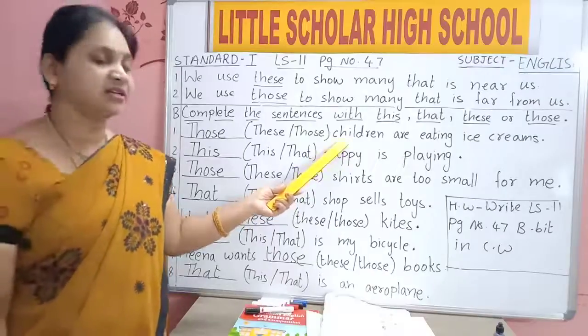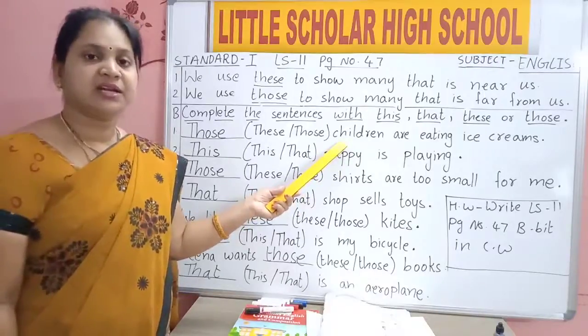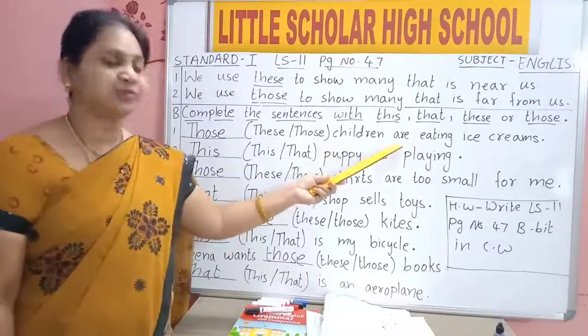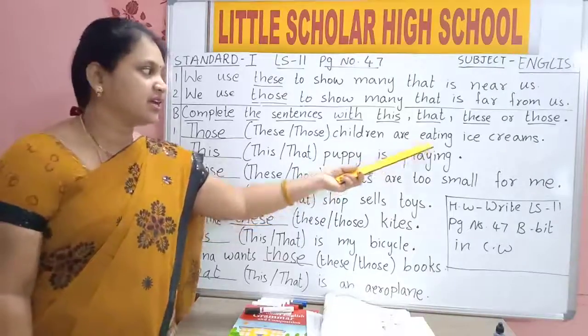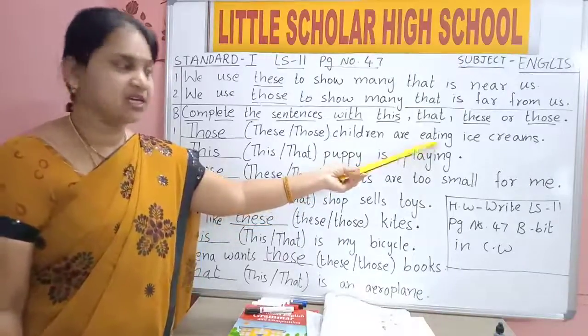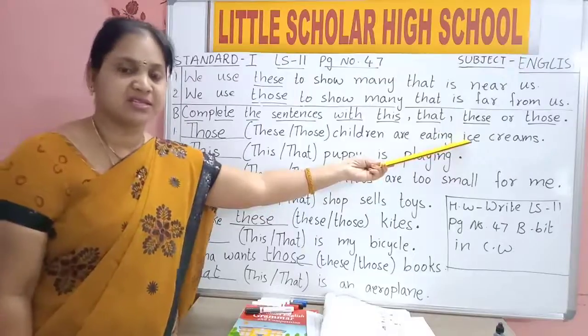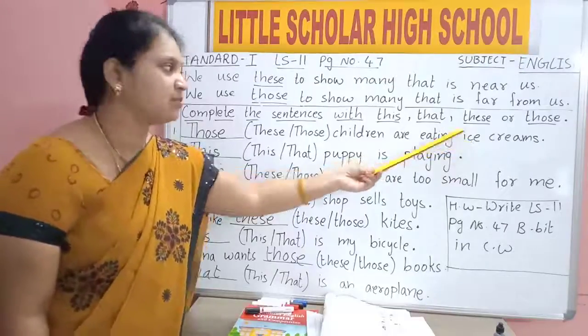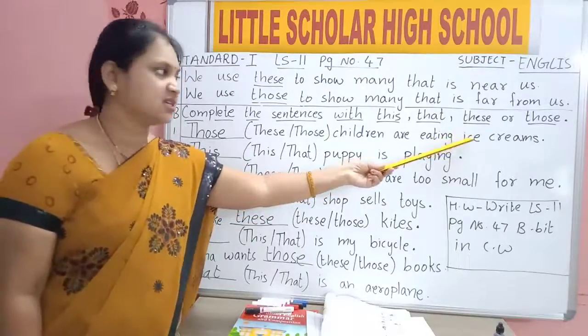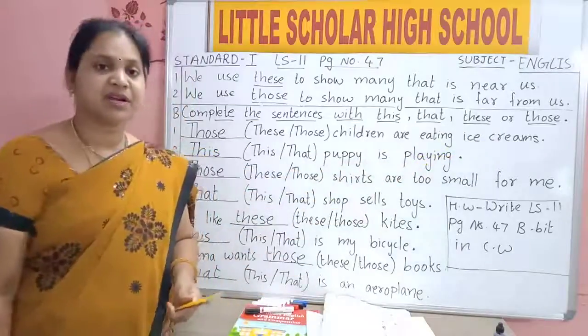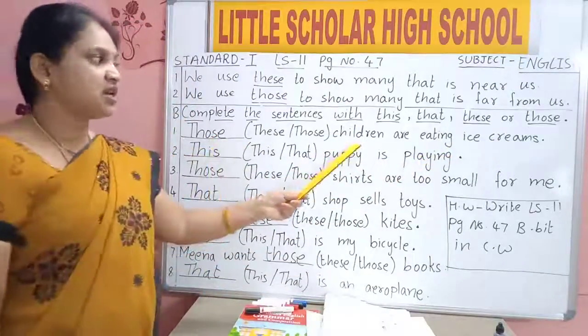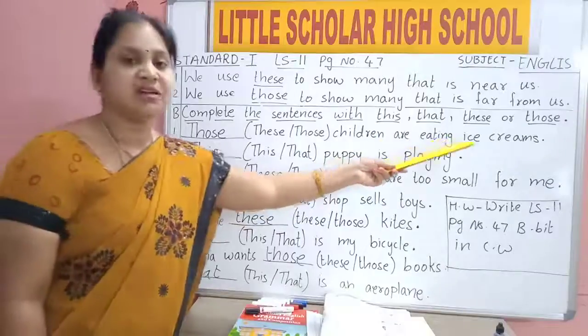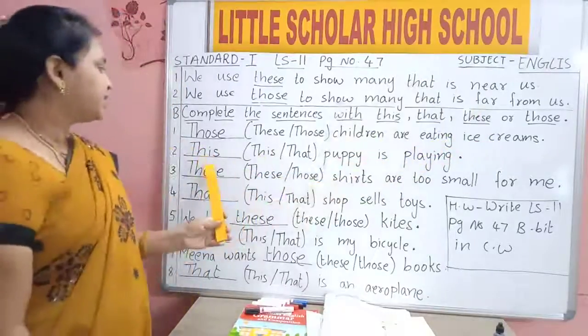C-H-I-L-D-R-E-N, children. A-R-E, are. E-A-T-I-N-G, eating. I-C-E, ice. C-R-E-A-M, cream. Those children are eating ice creams.